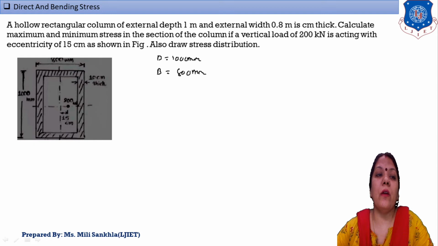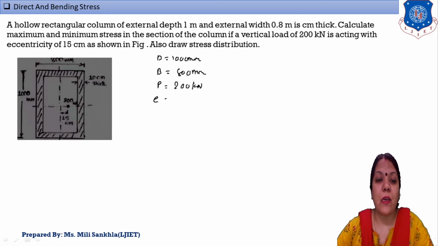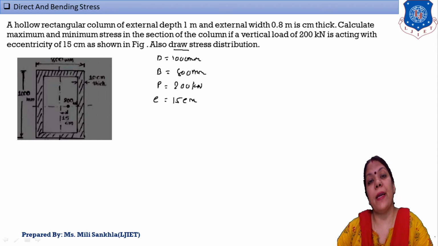Calculate the maximum and minimum stress in the section of the column if vertical load P is given 200 kilonewton and eccentricity e is given 15 centimeter, and also draw a stress distribution diagram.